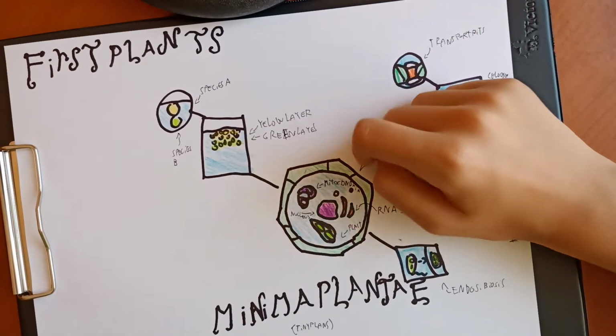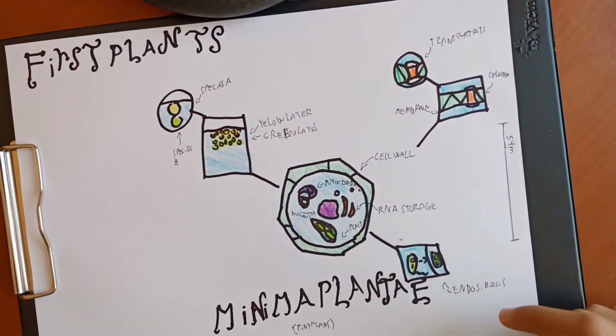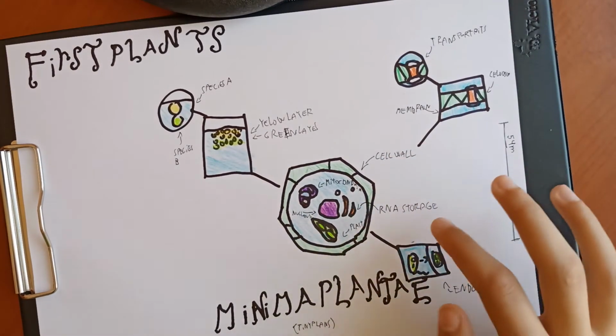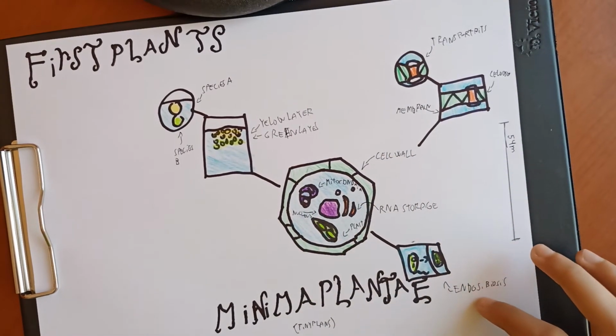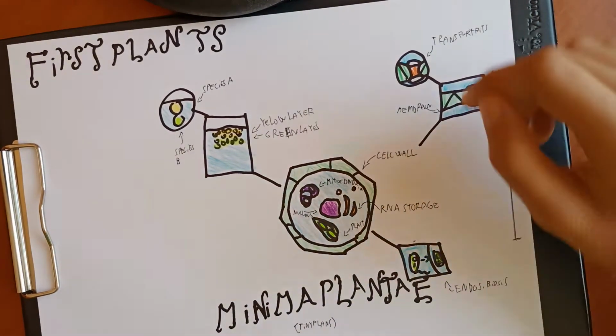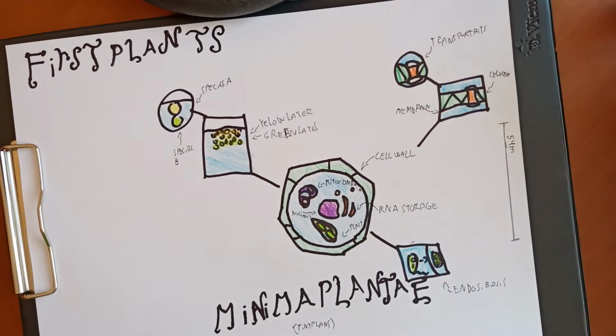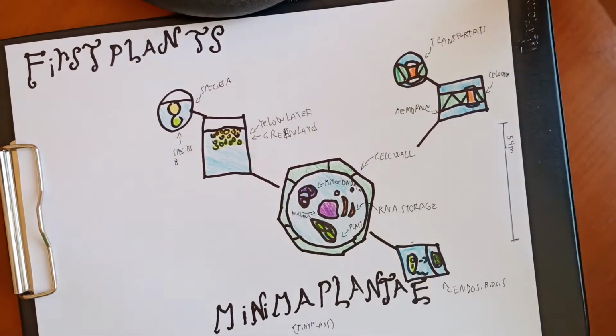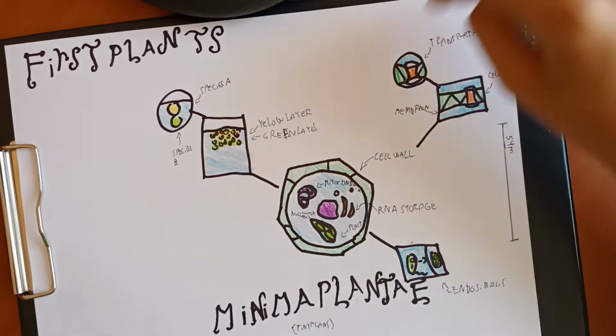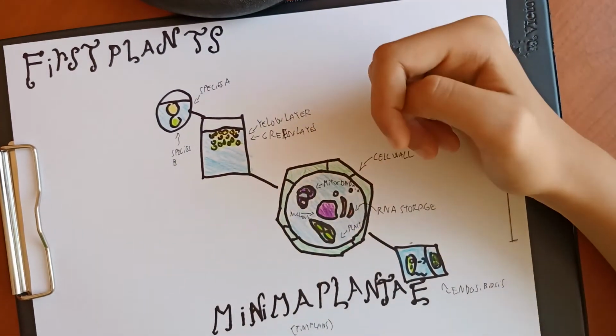Then we have a mitochondria, which is in symbiosis with a bacteria or like organism, same as with the plast.